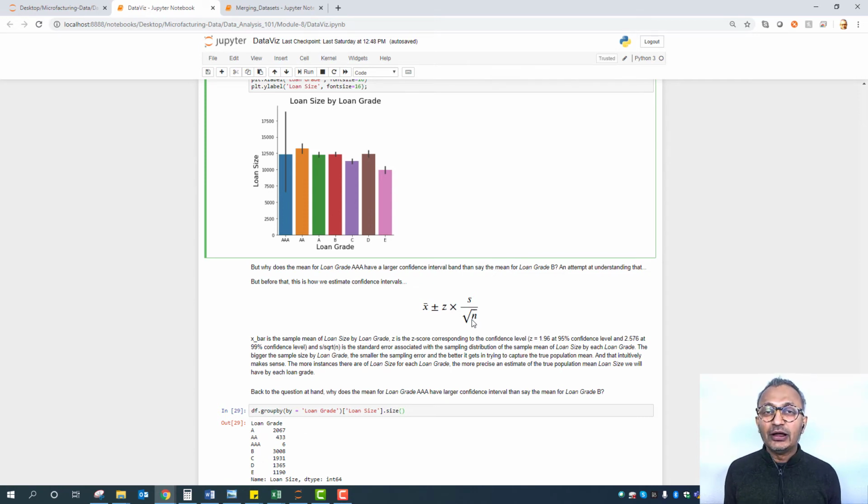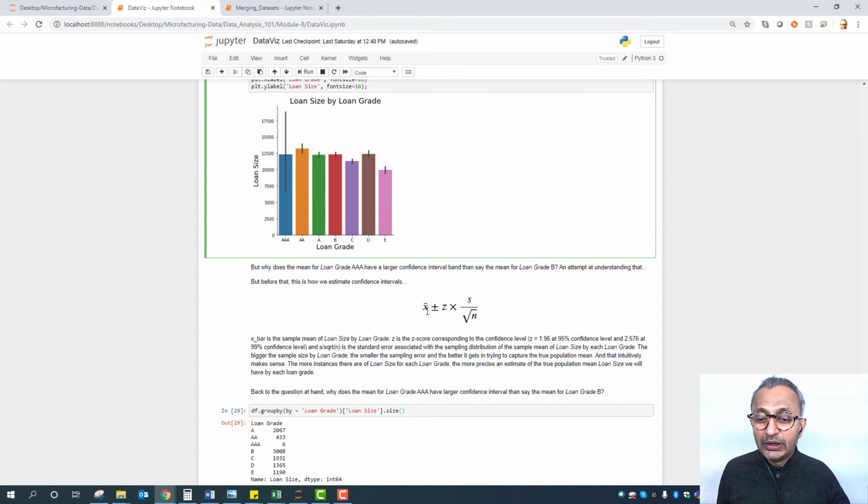So let's say you're measuring the height data in your company, and instead of collecting a sample of 20 people, you're able to collect a sample of 200 people, you're going to be closer to the true population height as opposed to when you're collecting a sample of 20. That's pretty natural. So the bigger the sample size is, the smaller this term gets, and the smaller the confidence interval band gets, right?